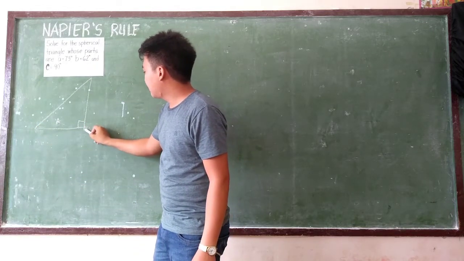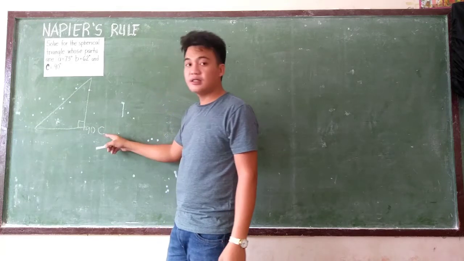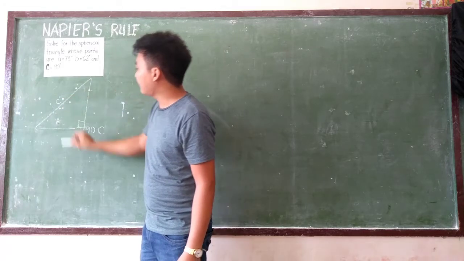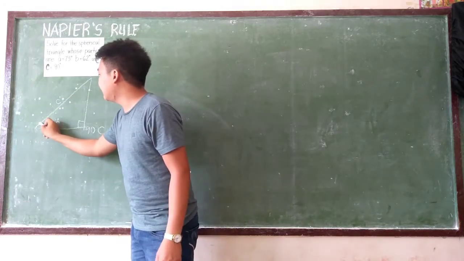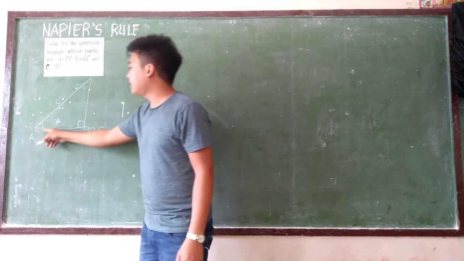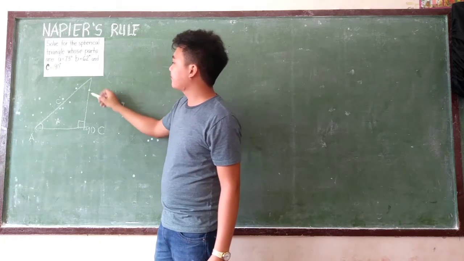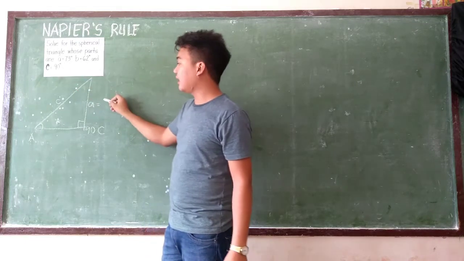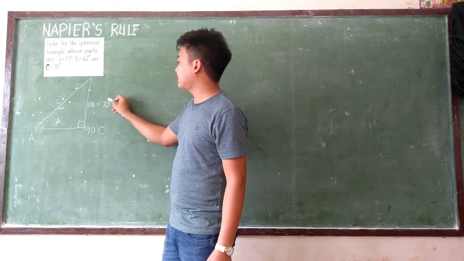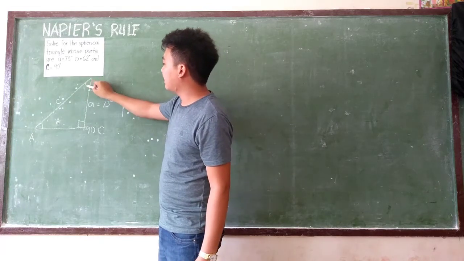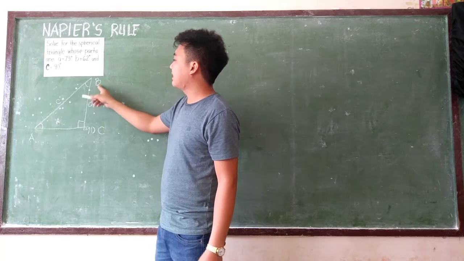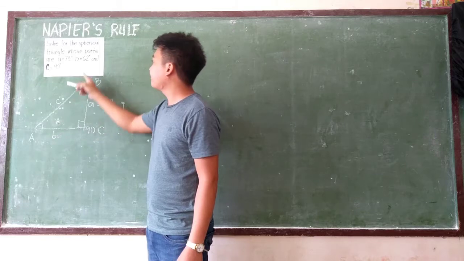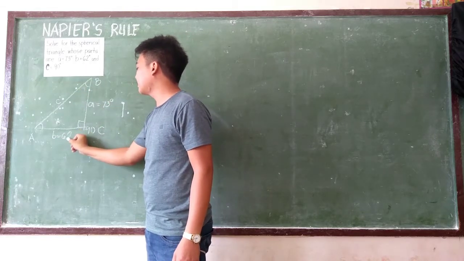So this is angle C. Then the opposite side of angle C is side C. Then this is angle A. Then the opposite side is side A, which is equal to 73 degrees. And this is angle B. Then the opposite side is side B, which is 62 degrees.